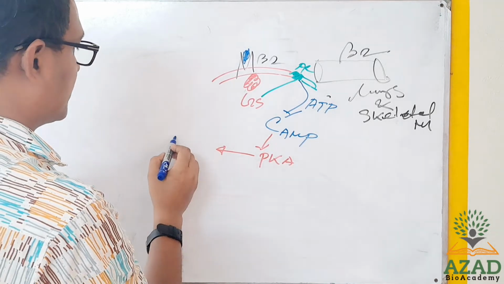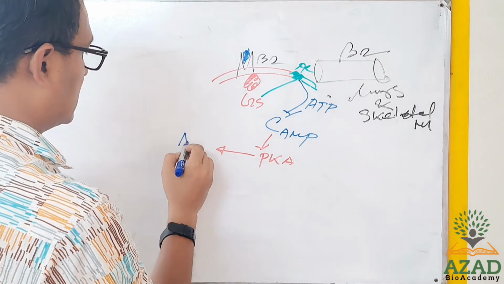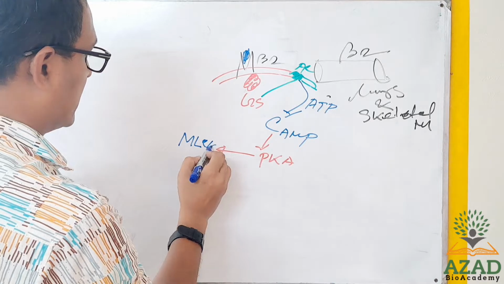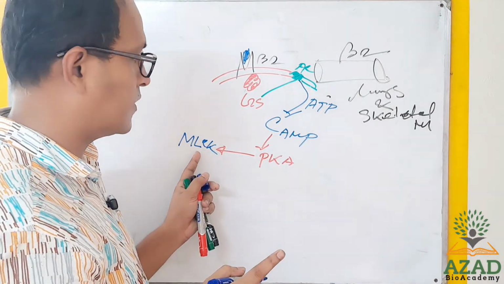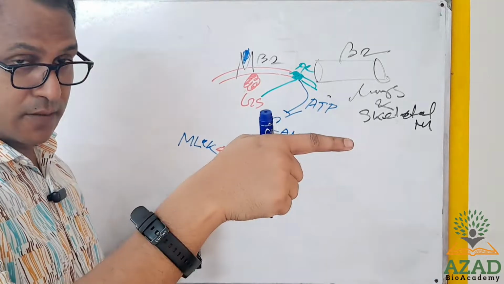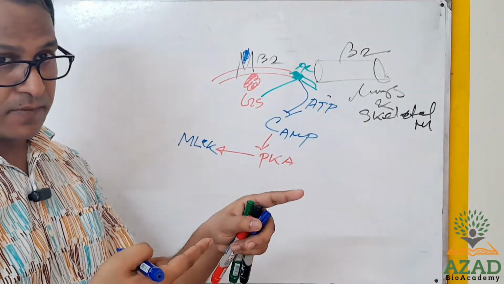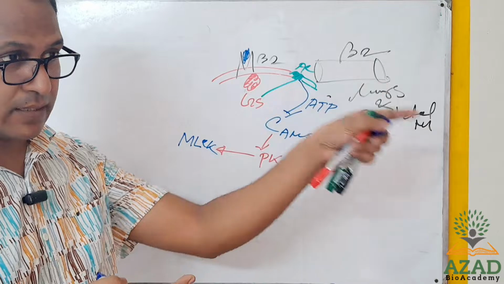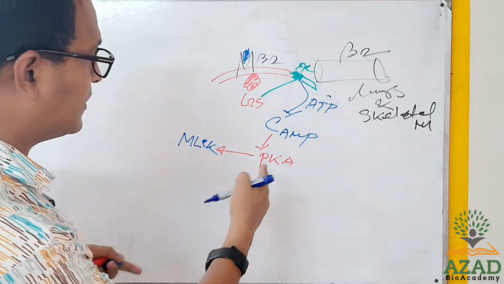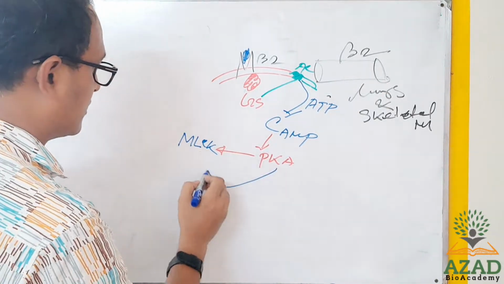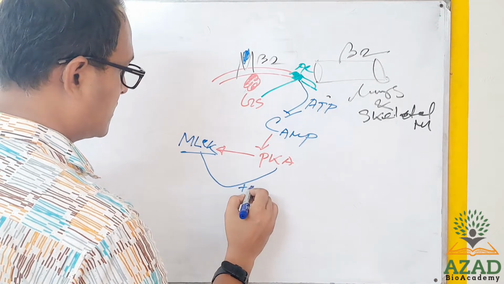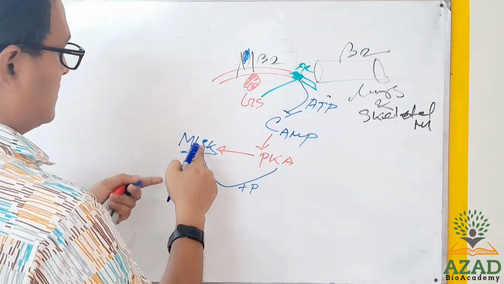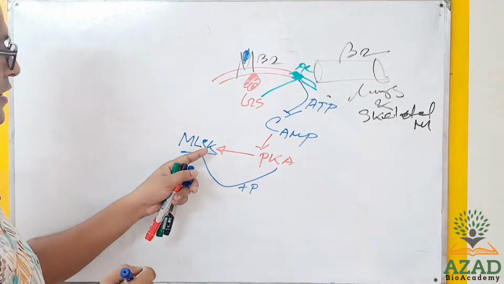That is your myosin light chain kinase. You know, myosin light chain kinase is actually responsible for phosphorylation of myosin, and that myosin will be active to bind with the actin, and it will make the contraction. But here PKA will phosphorylate the myosin light chain kinase. Okay, it will add phosphate to the myosin light chain kinase.